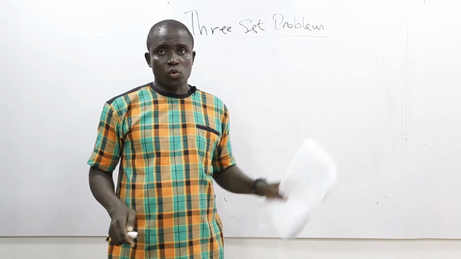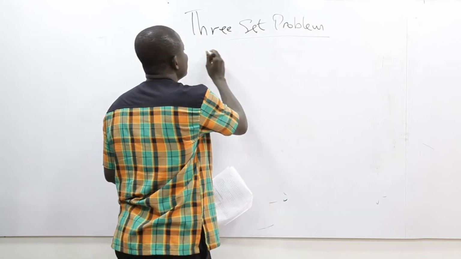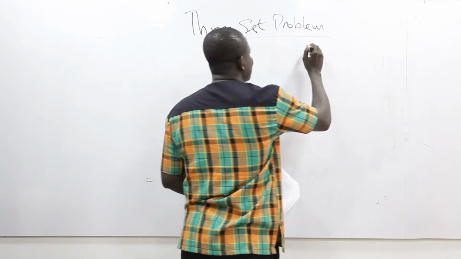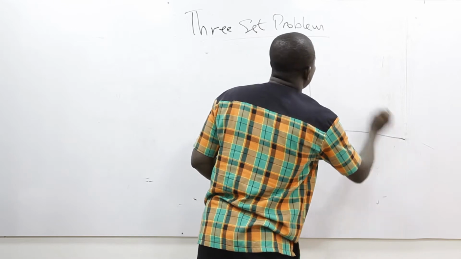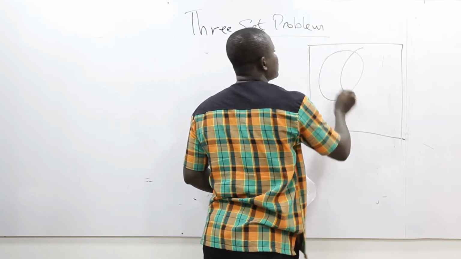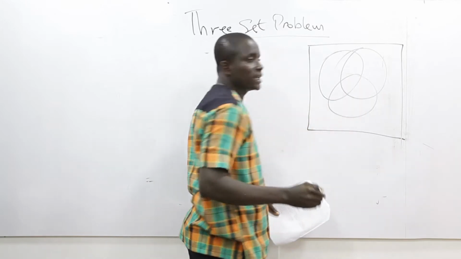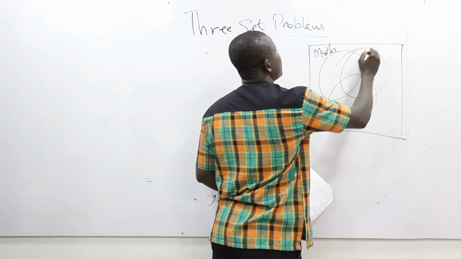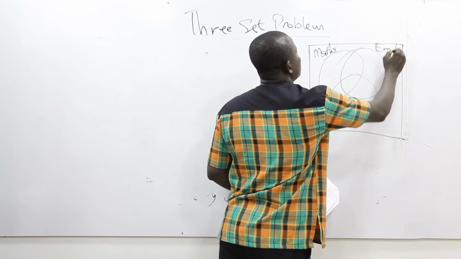As we did in the 2 set problem, we are going to do the same for the 3 set problem. So I'm going to draw my Venn diagram. Here is, let's say, mathematics, math. Here is English.